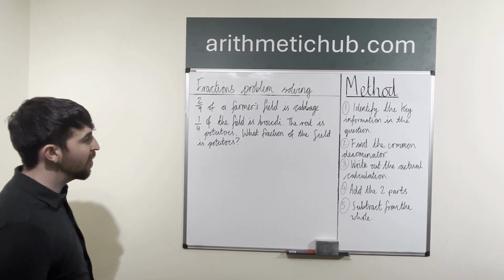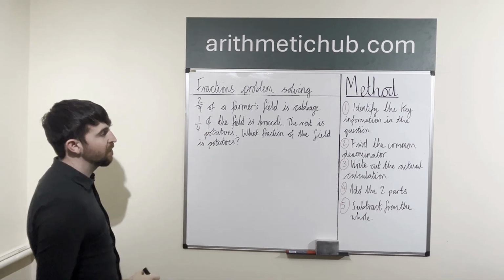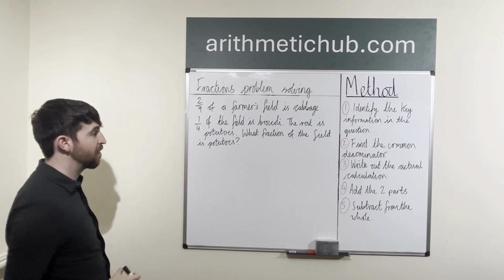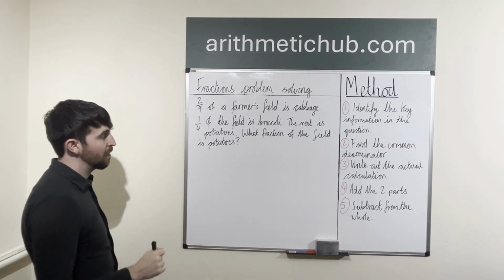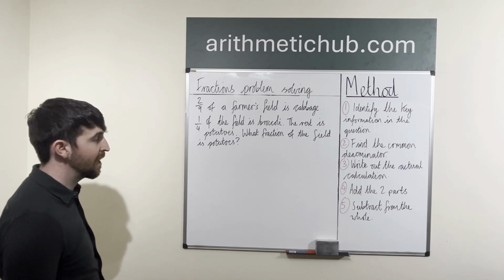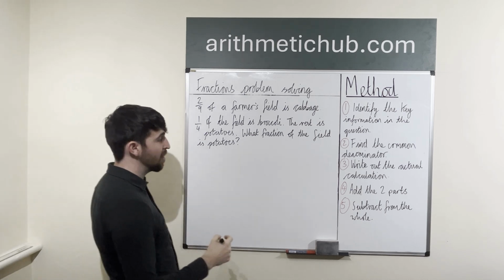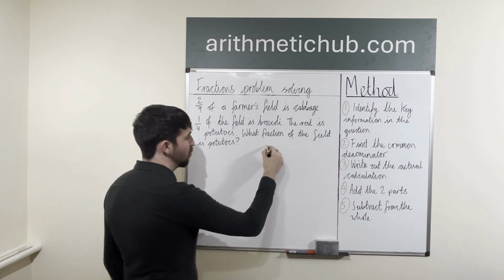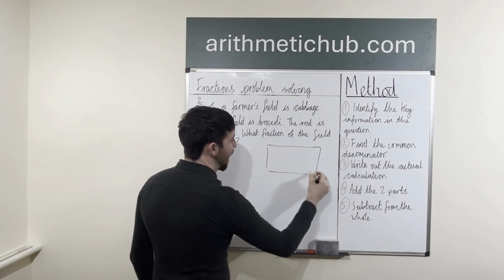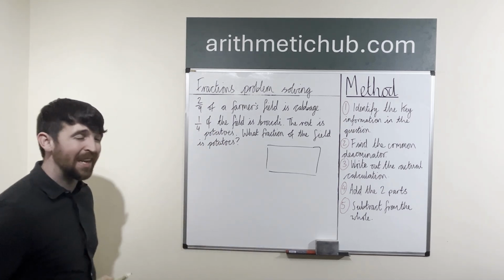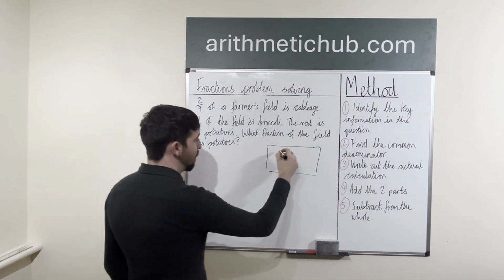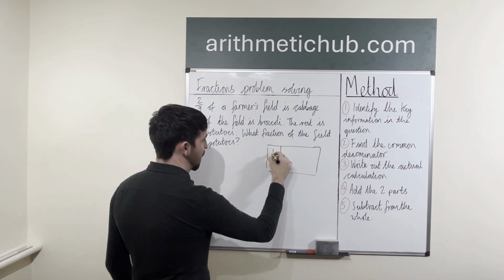So, identify the key information in the question. 2/9 of a farmer's field is cabbage. A quarter of the field is broccoli, the rest is potatoes. What fraction of the field is potatoes? Now, to help me visualise this, I'm going to do a really small drawing, just to give me an idea of what's been asked of me in this question. It doesn't matter if the fractions aren't spot on.